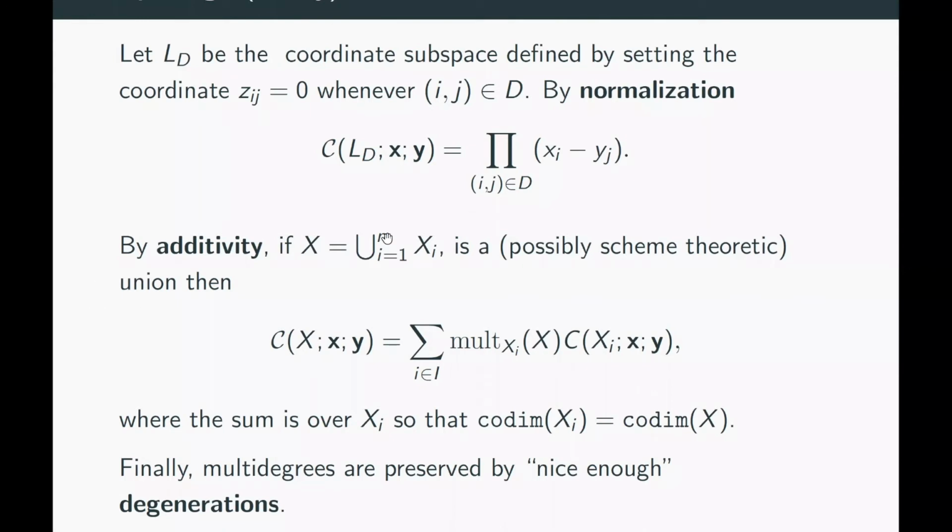And then additivity says if we have a possibly scheme theoretic union of algebraic varieties, then the multi-degree is just going to be what we get by adding over the top dimensional components, paying attention to the multiplicity of that set theoretic component in your algebraic variety, or in your scheme. And then the third property, which is really useful, is that multi-degrees are preserved by nice enough degenerations. So I'm not going to make nice enough precise, but I'll tell you one sort of nice enough degeneration.